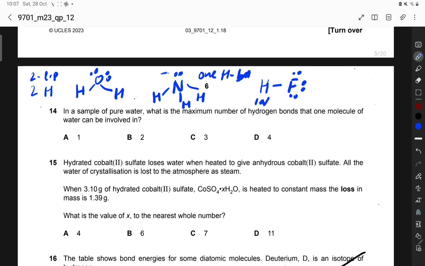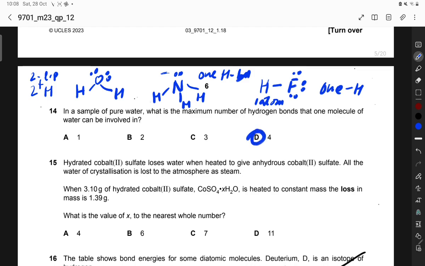So this is 1 hydrogen bond per this molecule. So in this case, 2 lone pairs and 2 hydrogen atoms. When lone pairs and hydrogen atoms are equal, so total number of hydrogen bonds are 4. So D option is correct.